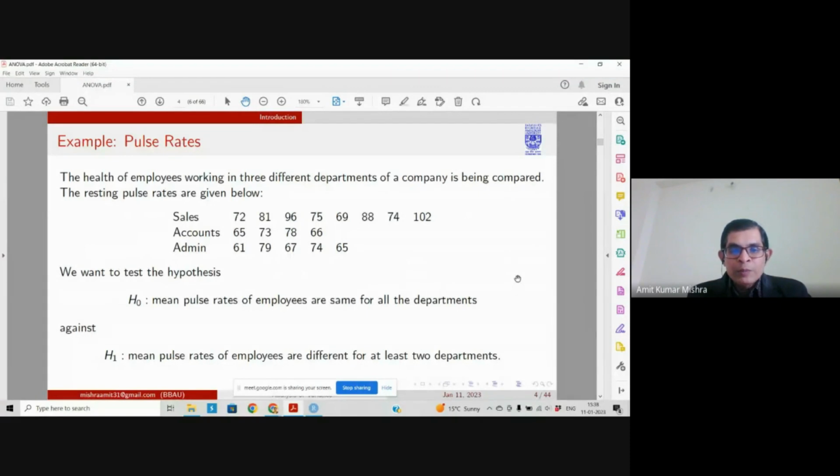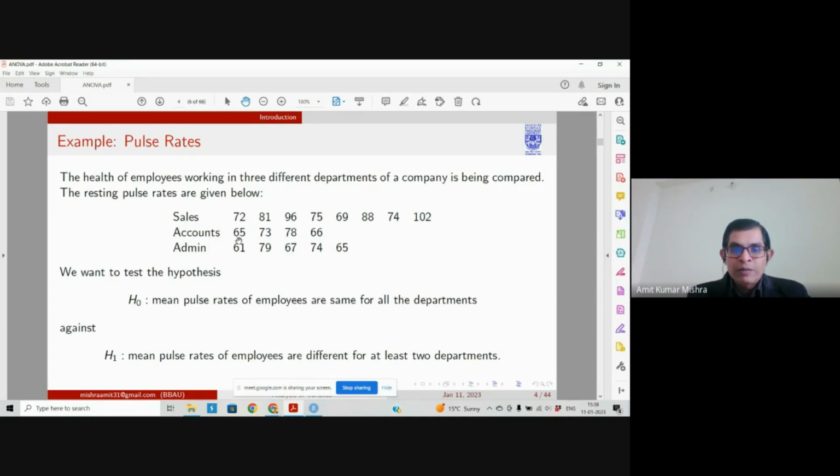There are three departments in a company: sales, accounts, and admin. In the sales department, we have taken eight employees, and their pulse rates are given here: 72, 81, 96, and so on.